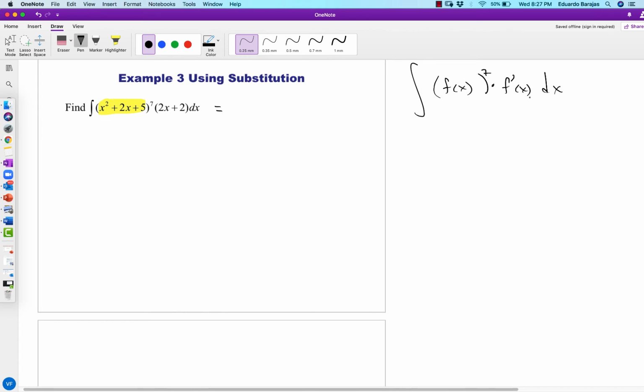So the answer is x squared plus 2x plus 5 raised to the power of 8, multiplied by 1/8, since the 8 is achieved by adding 1, plus C. So the derivative of this will be that. But I solved this one by recognizing the pattern, not by substitution.